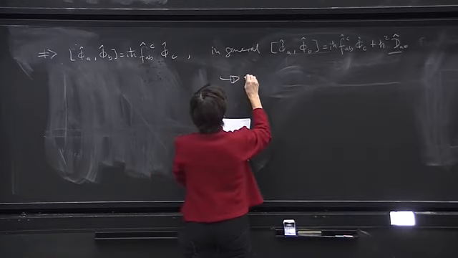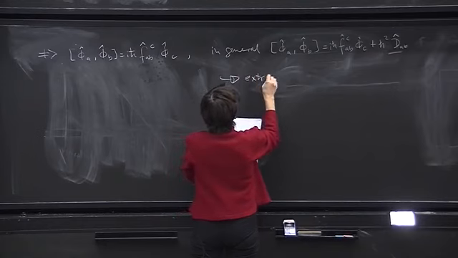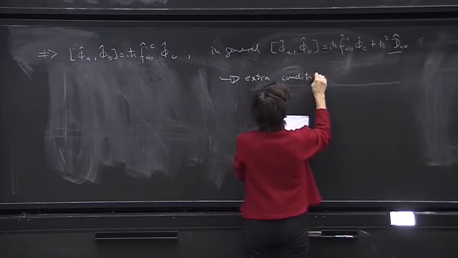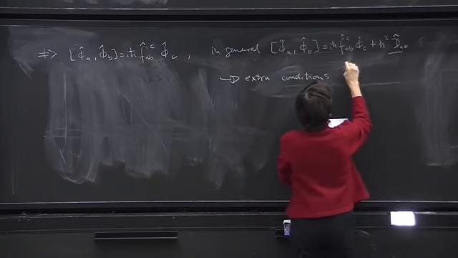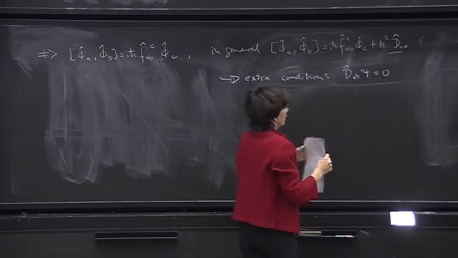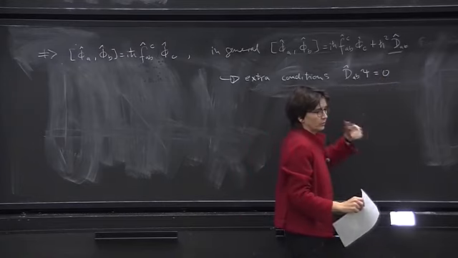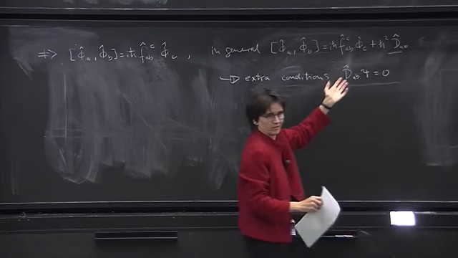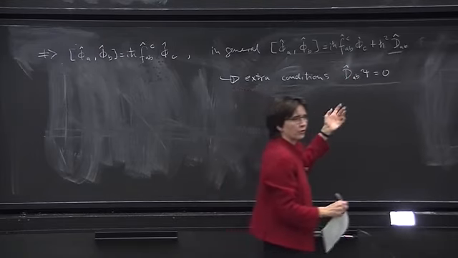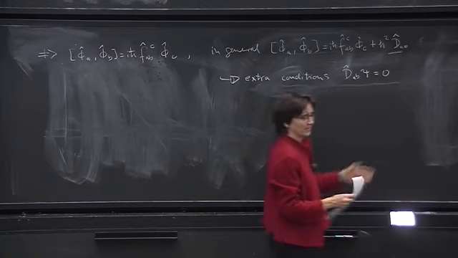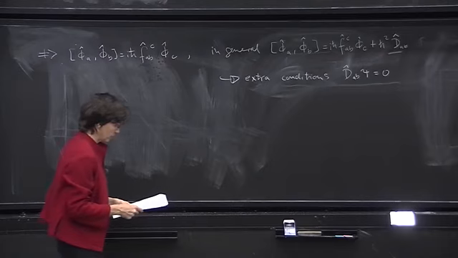So if that is non-vanishing, this D, you get extra conditions: D hat A B psi equal to 0. And in general, these will impose conditions that have no counterpart in the classical theory. So they will constrain your degrees of freedom more than you intended originally, or was the case in the classical theory.